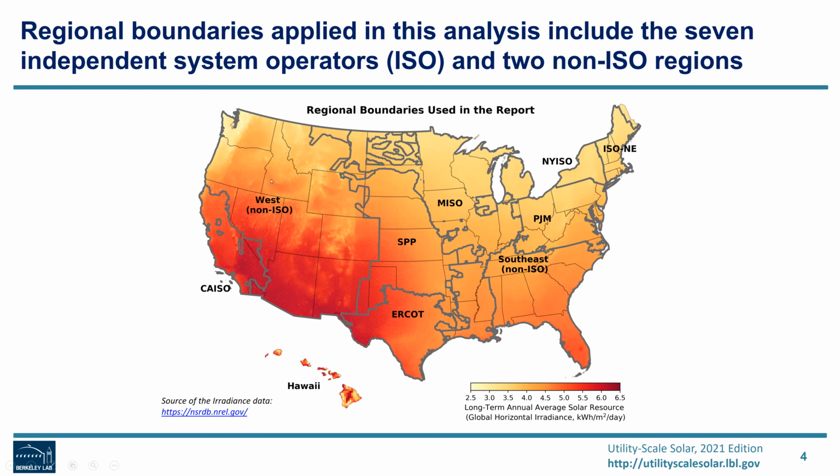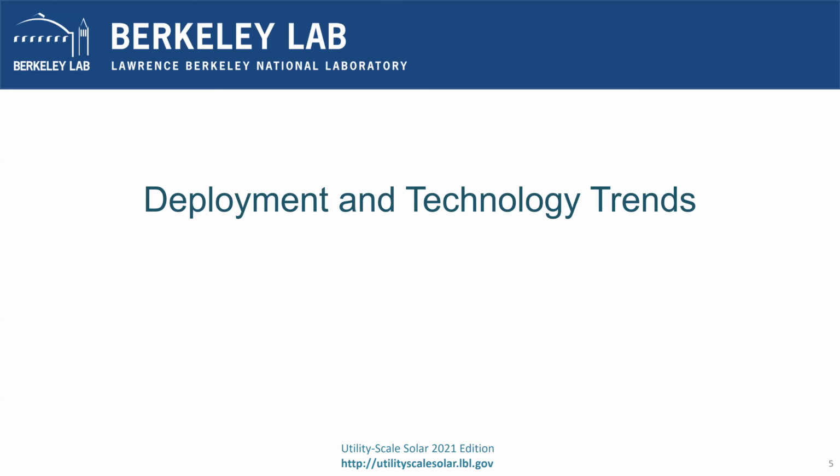So we have this non-ISO West region, which tends to be pretty large, as well as the non-ISO Southeast. And then of course, there's Hawaii as well. So we have 10 regions in all. We just wanted to get that out of the way up front so that you know what we're referring to whenever we show a slide with regional analysis. So with that, let me hand it over to Yo to talk about deployment and technology trends.